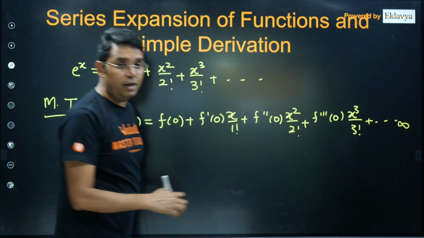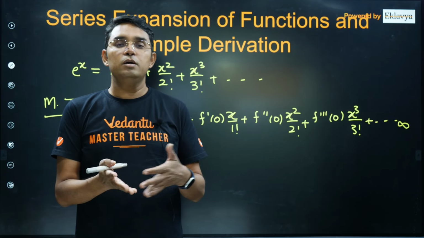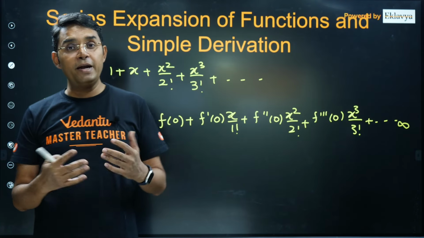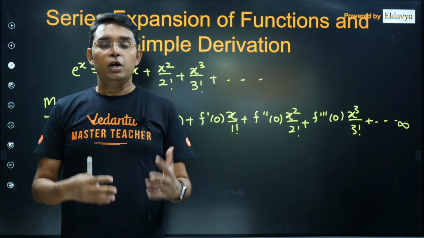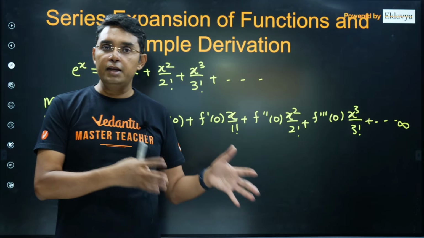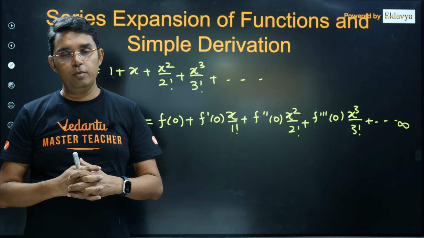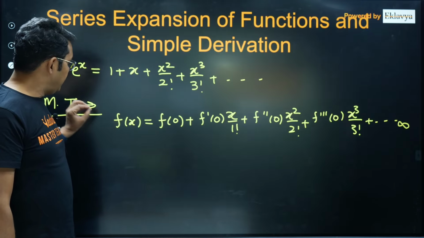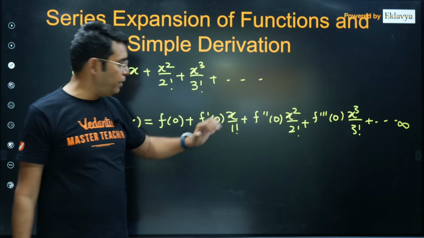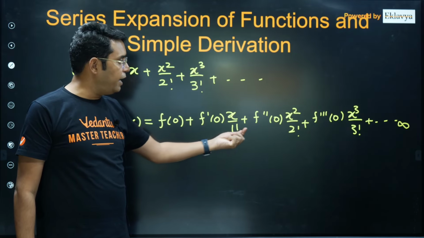Actually, Maclaurin thought that every function can be approximated to some polynomial function. Depending upon the complexity, depending upon the nature of that function, it may be of order 3 or 4 to make it close enough to that particular polynomial function. So to make a function very close to some polynomial, he wrote this as f(0) plus f dash 0 into x upon 1 factorial and so on.